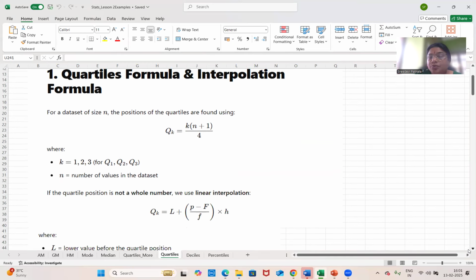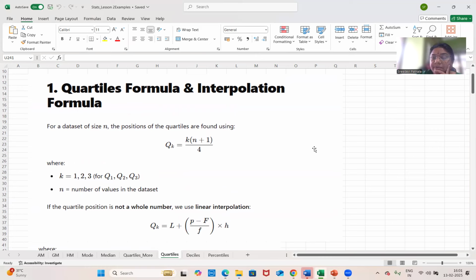The formula is k into (n plus 1) by 4, or you can use Q1 equal to (n plus 1) by 4, Q2 equal to (n plus 1) by 2, and Q3 equal to 3 times (n plus 1) by 4. These are the Q1, Q2, Q3 formulas.